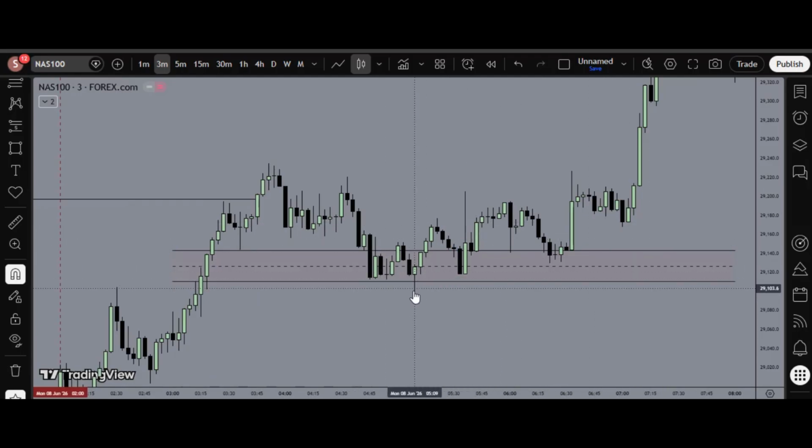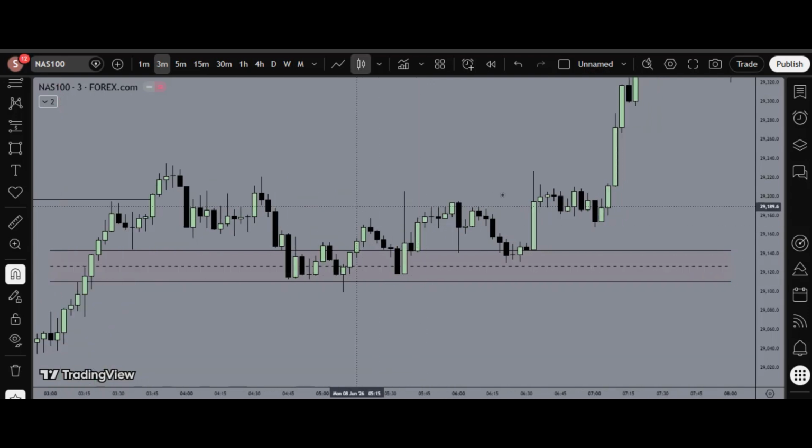This is the last down candle, but price did not displace above it. Then price came down. This was the last down candle. Look at this. Price displaced above it and left a fair value gap.